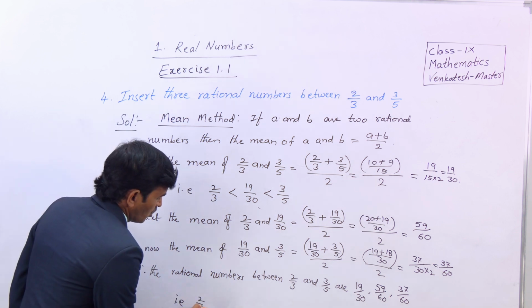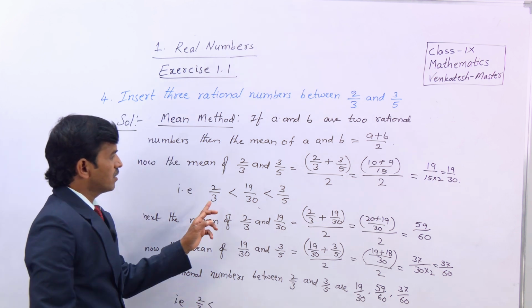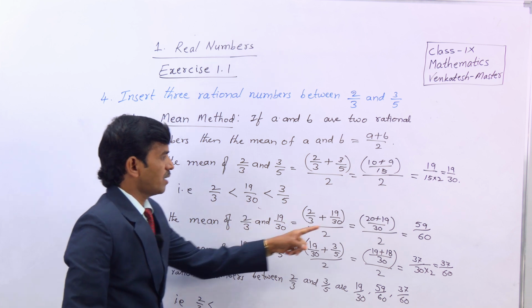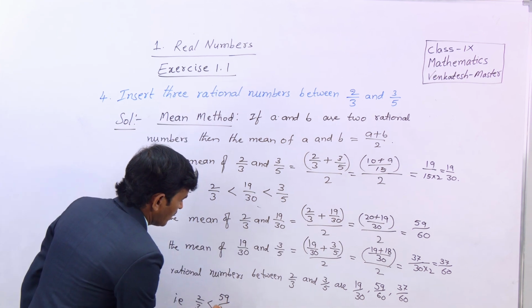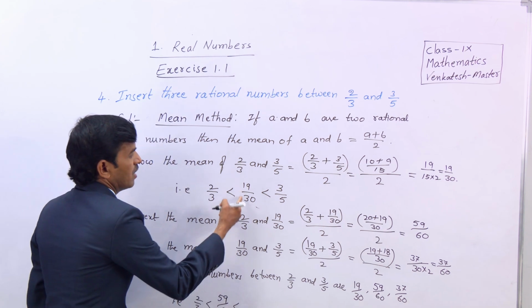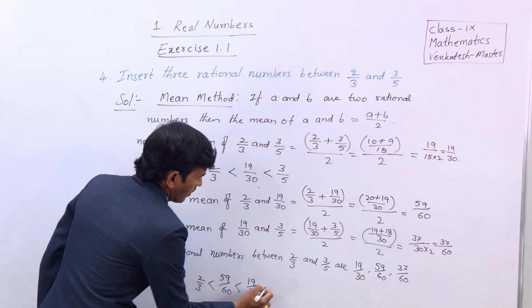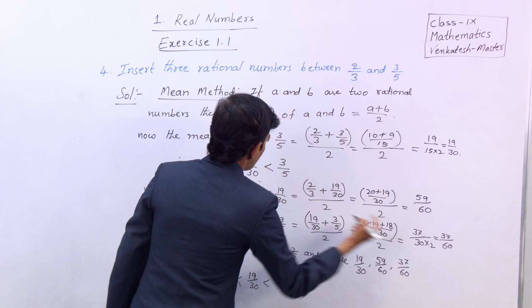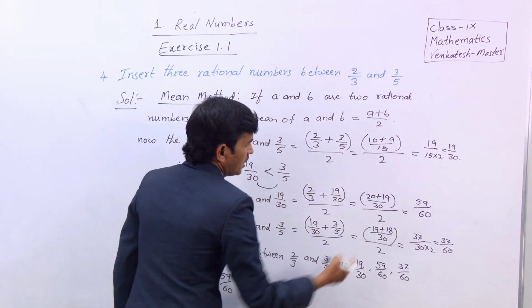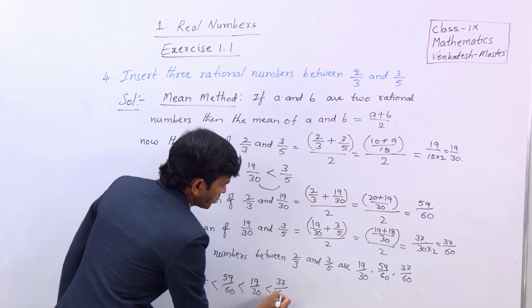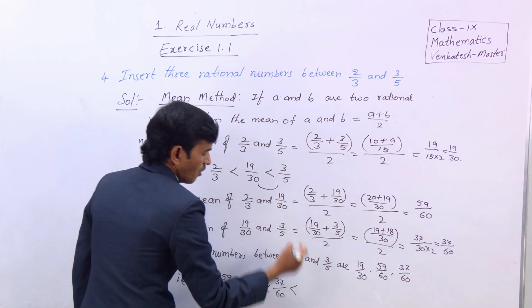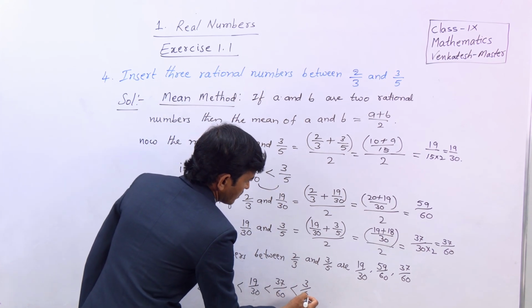That is, 2 by 3 is less than 59 by 60, which is less than 19 by 30, which is less than, what is the next number between these 2 we got? 37 by 60, which is less than the last number given, that is 3 by 5.